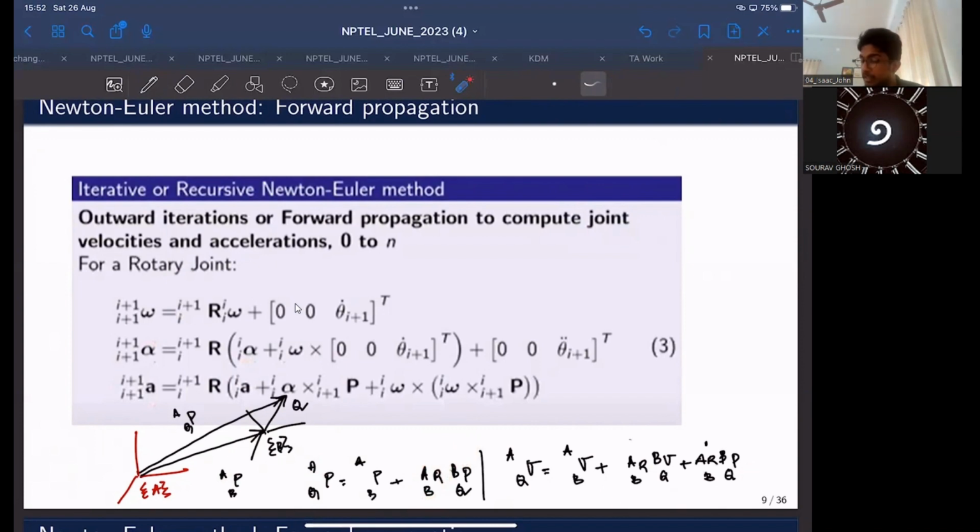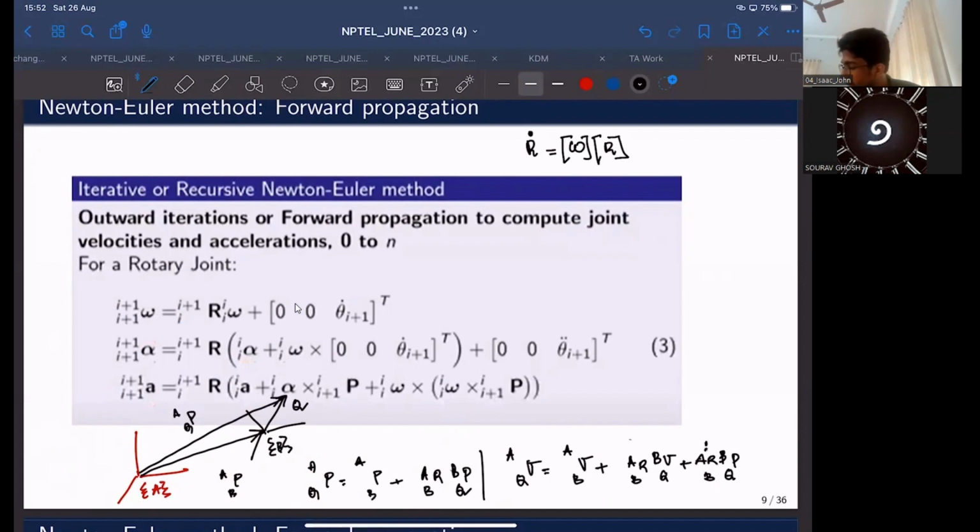And in the previous lectures, we also know that the derivative of a rotation matrix, R dot, is some skew symmetric matrix omega multiplied by this very same R matrix.